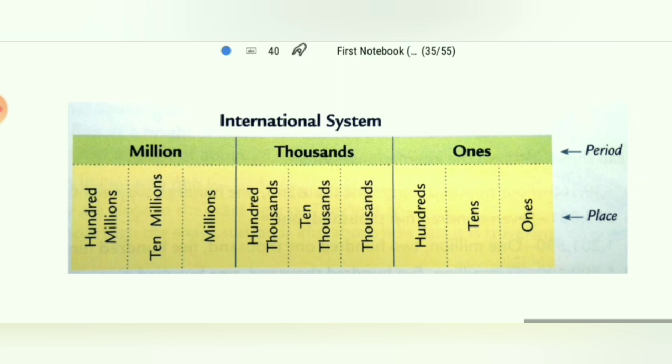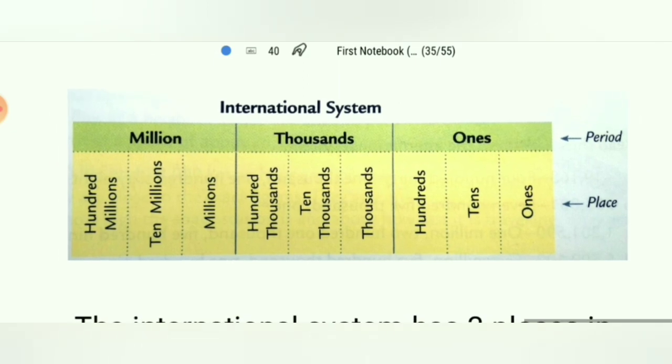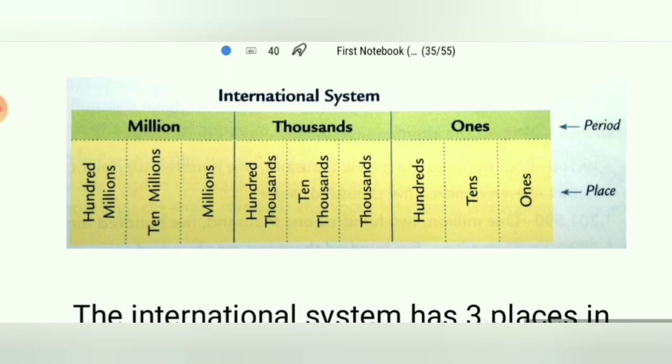Ones consist of 3 places: ones, tens, hundred. Then thousand consists of 3 places: thousand, 10,000, 100,000. Then million: 1 million, 10 million and 100 million. See on your screen.